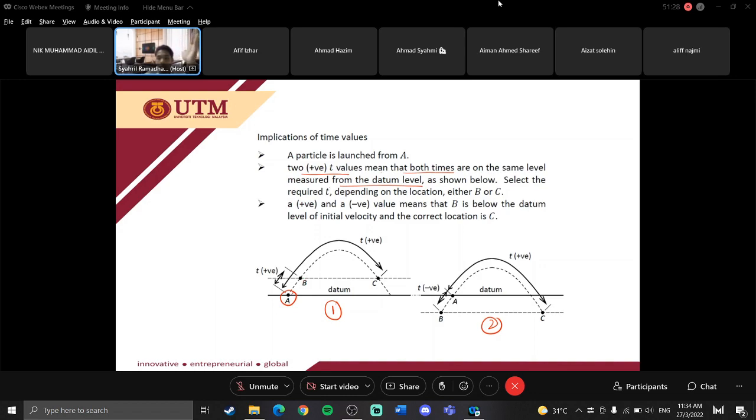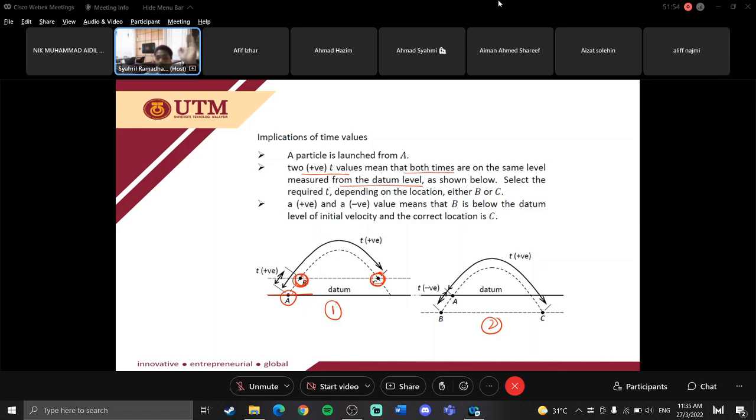The lowest time will be point B and the highest time will be point C. Why do you get a positive value? Since both point B and point C are above point A. So that's why you get a positive value for both times. The smallest time is for B and the highest time is for C.